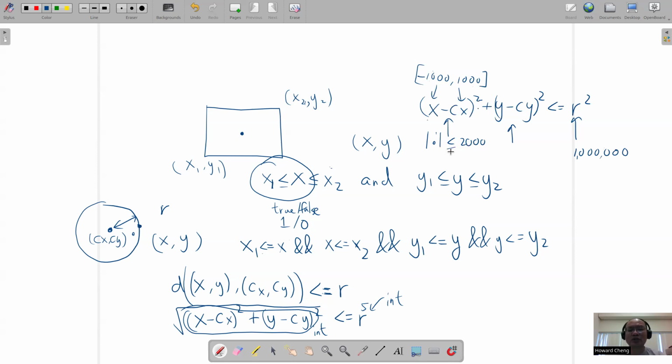So the distance is 2,000. And then when you square it, it's at most 4 million. So again, well within the range of a 32-bit integer, which is up to 2 billion. Okay, so now we don't have to worry about using a longer integer. We can just use int.